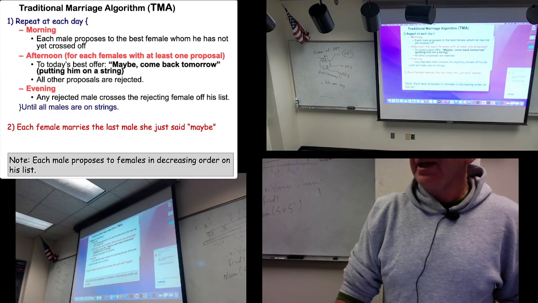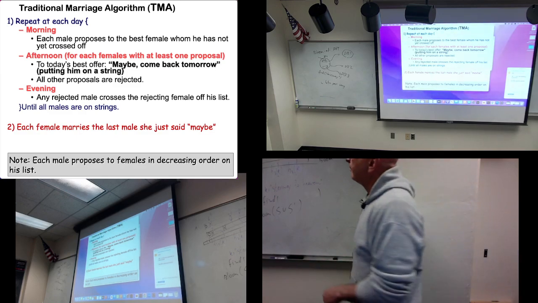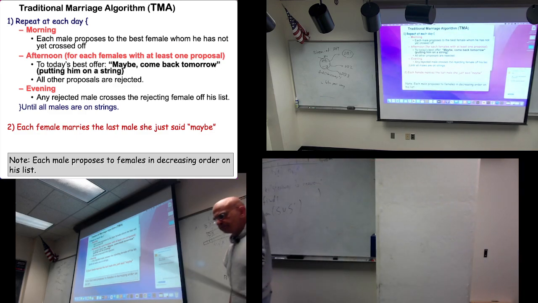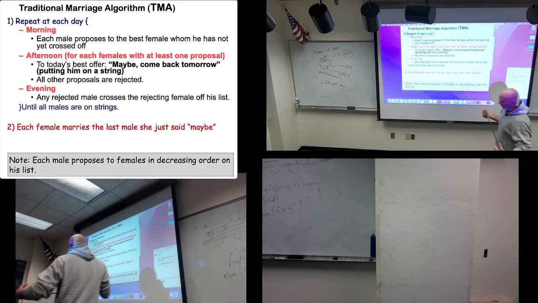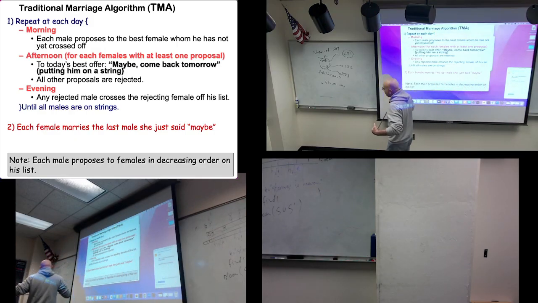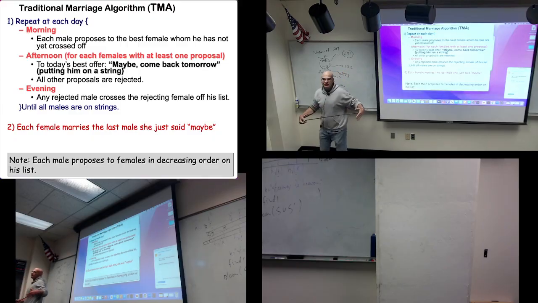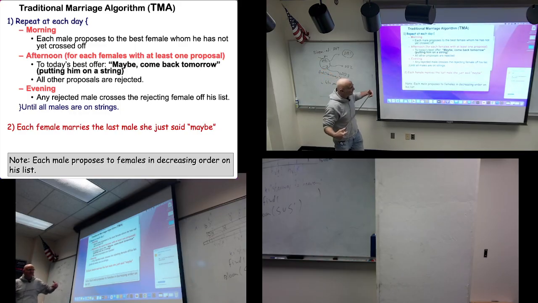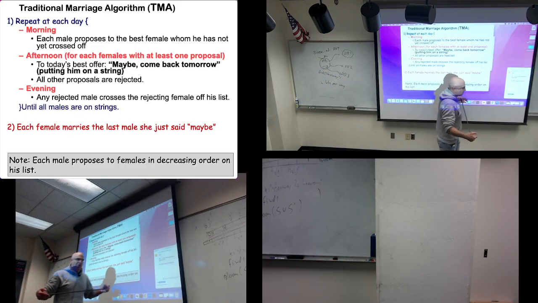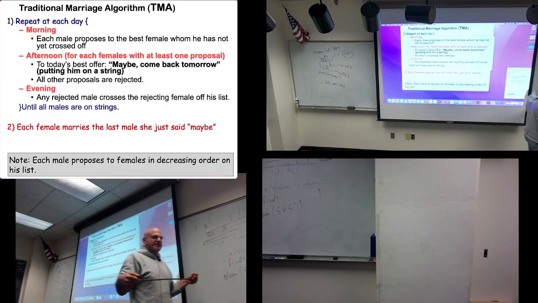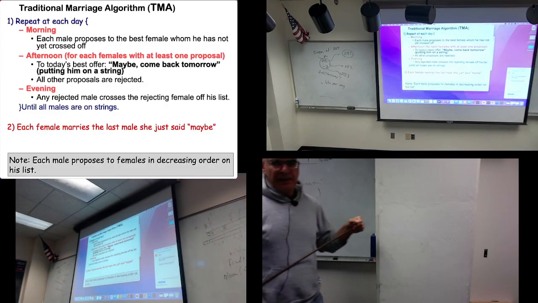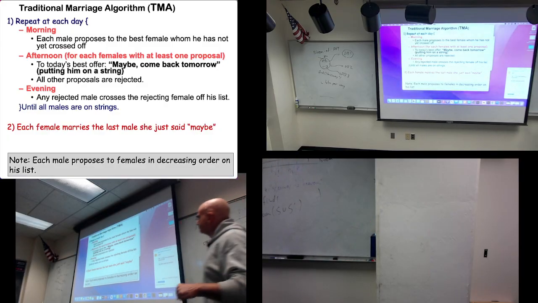So here is the TMA algorithm. TMA occurs in this dating period that takes at most n squared days, where n is the number of males and the number of females, both n. And what happens every day?